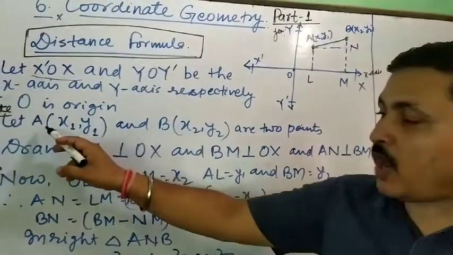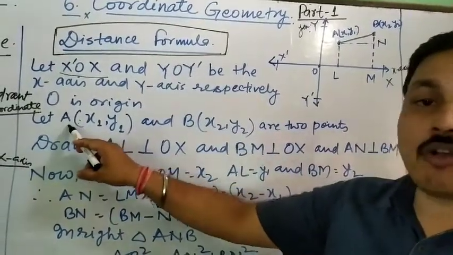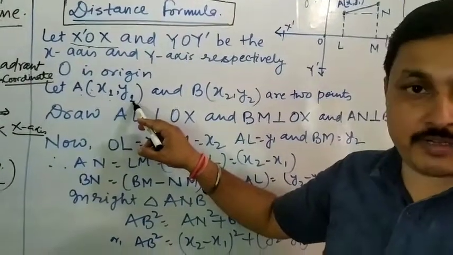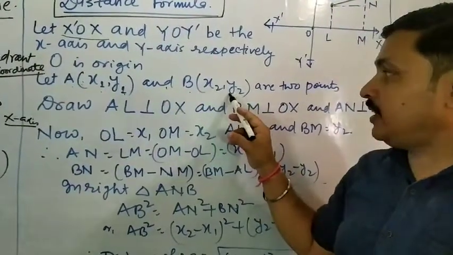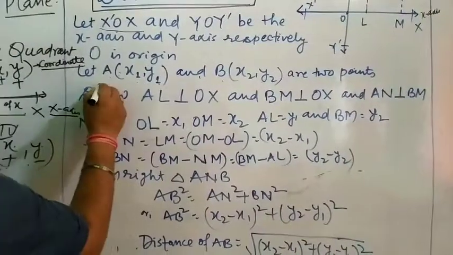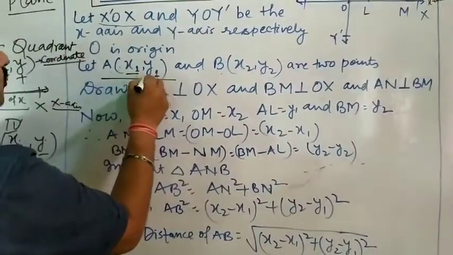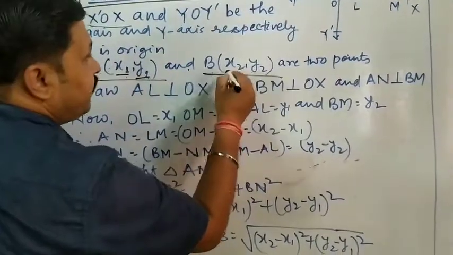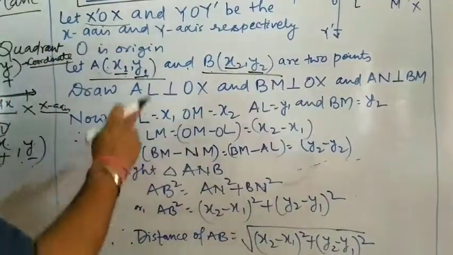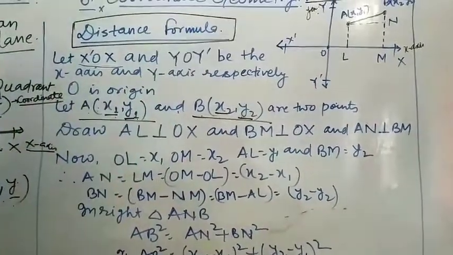Here we take 2 points: the coordinate of A equal to (x1, y1) and the coordinate of B equal to (x2, y2) in the given figure.